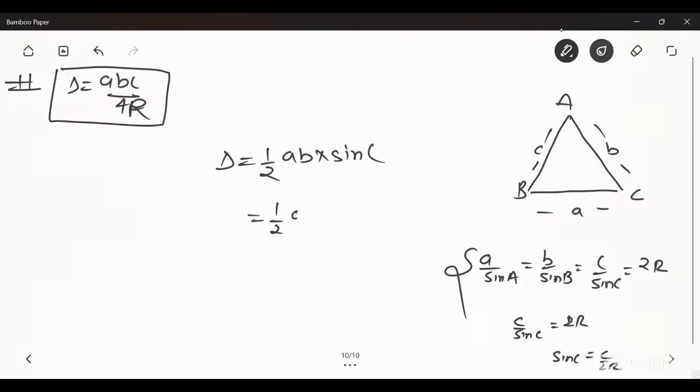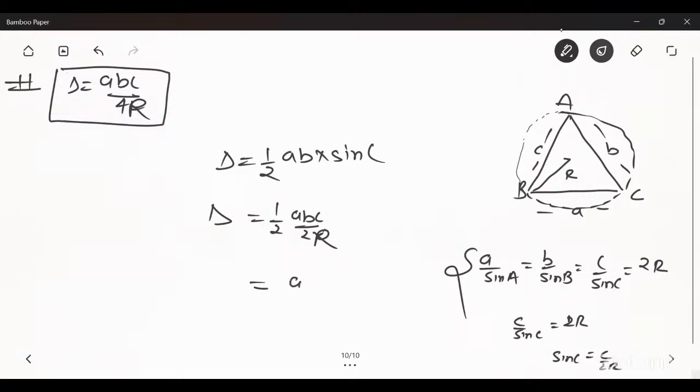So half abc upon 2R is equal to delta, where here I am taking R as the circumradius, capital R, the radius of the circumcircle of the triangle.